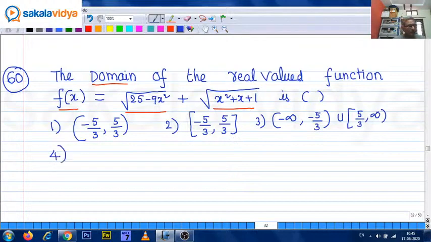Fourth option, minus infinity, comma minus 5 upon 3, union, open, 5 by 3, comma infinity. This is the question.